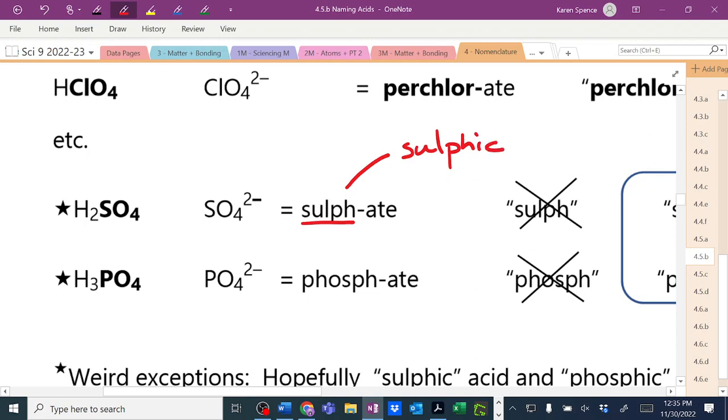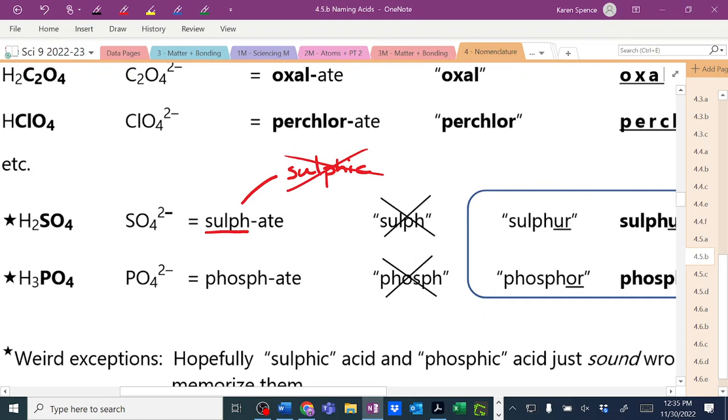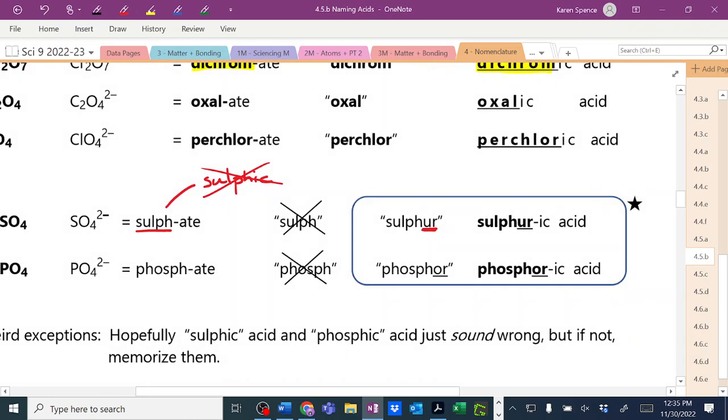Because it's a sulfate, sulfic acid, but that would be wrong. With sulfur, you need to have an ur in there, sulfuric acid. Sulfur and phosphorus need the extra syllable. Isn't that fantastic? I know, right?